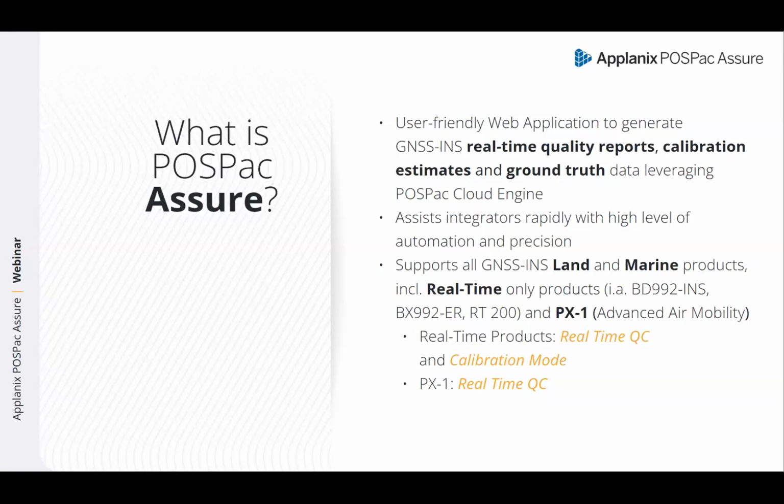The real-time products that I mentioned already can leverage the features real-time QC and calibration mode, while the PX1 system can leverage the real-time QC mode only. All the rest of the systems that we support can really use all three features, and I will explain a little later what the features are about.